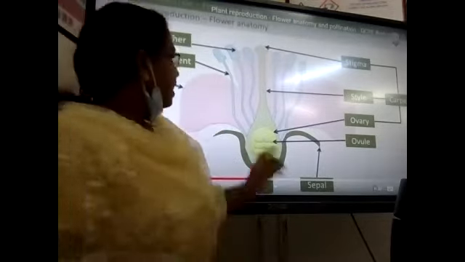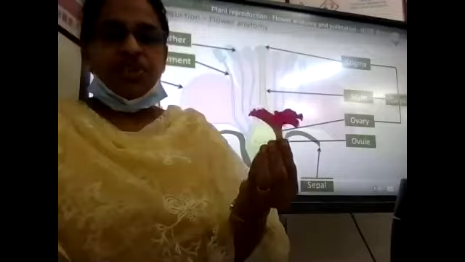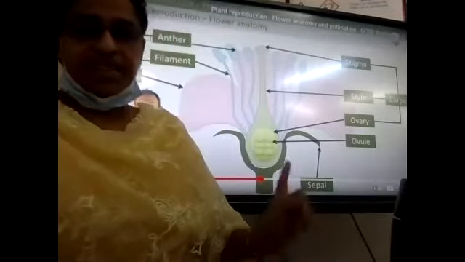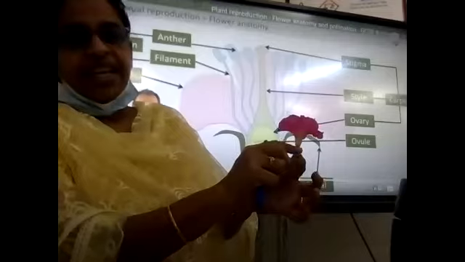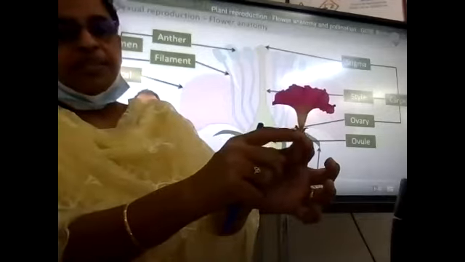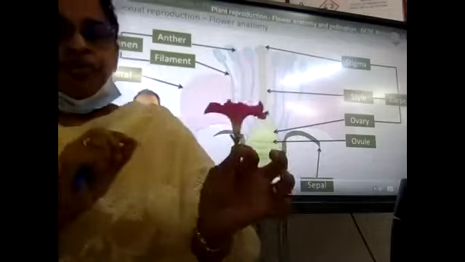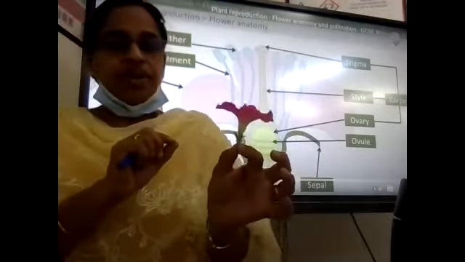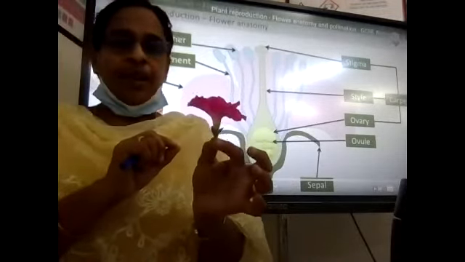Okay, teacher. This is about the structure of a flower. So, each part we were discussing. First, there is a green leafy part at the base of each flower. Before that, what is the importance of the flower? The flower is the reproductive structure of a plant.